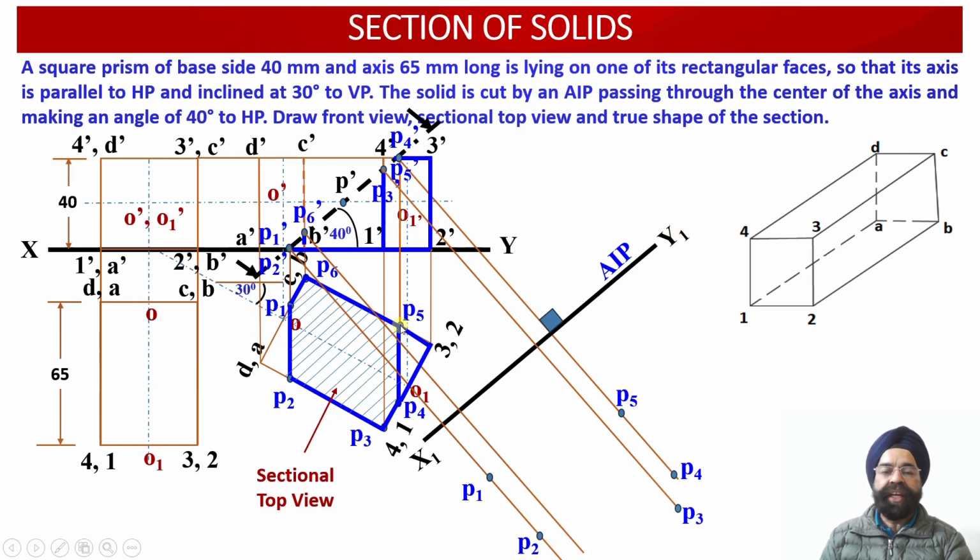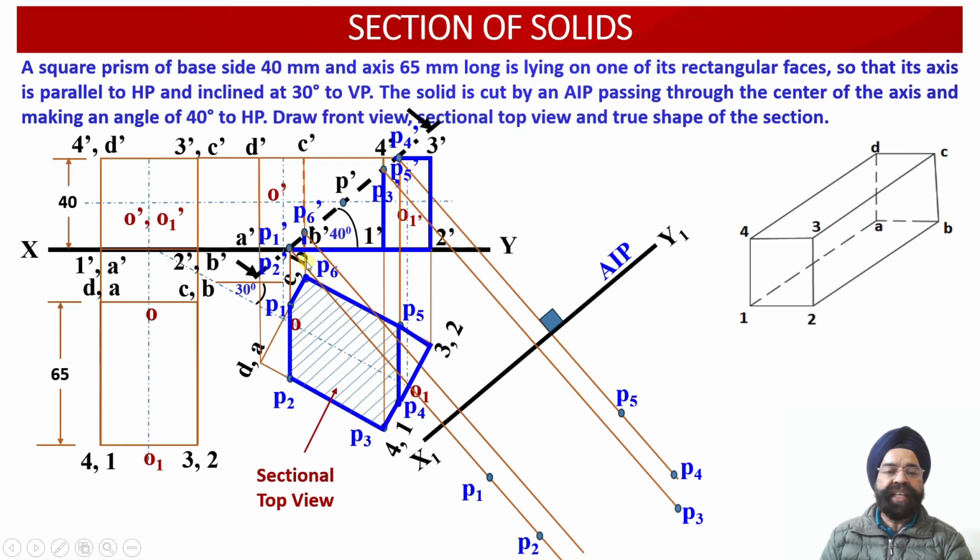So we can again check P5 lies at this distance from the XY reference line. So onto this projector line we have marked the same distance as the location of the point P5 in the auxiliary plan projection view over here.